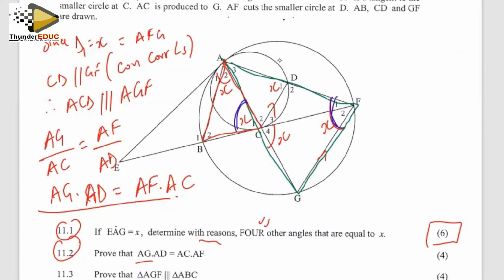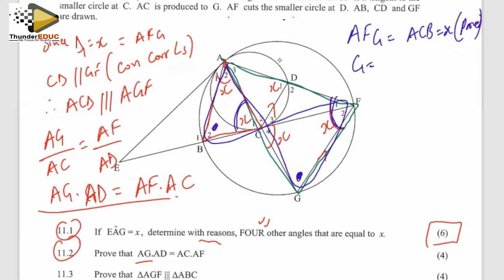So I'll say that AFG is the same as ACB, which is x. We've proved that, because initially they told us to show that. So that is proven. Then if that is true, we can also see that G and B2 are equal, because of the bow tie. We can see this bow tie here.